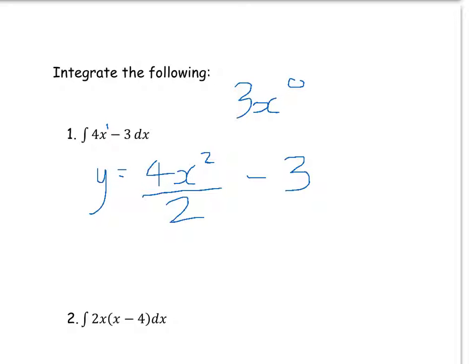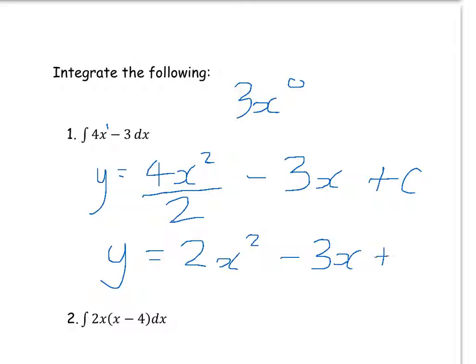So you add 1 to the power, so it becomes x to the 1, which we can just write as x. And remember, you need to add the constant c. Now we haven't quite finished this question. We need to tidy that up. So 4 divided by 2 is 2, so 2x squared minus 3x plus c.